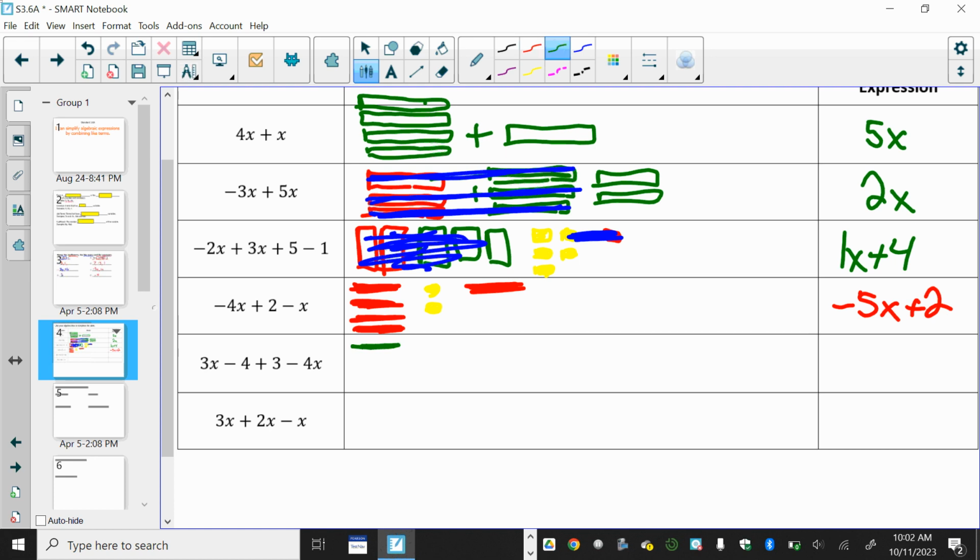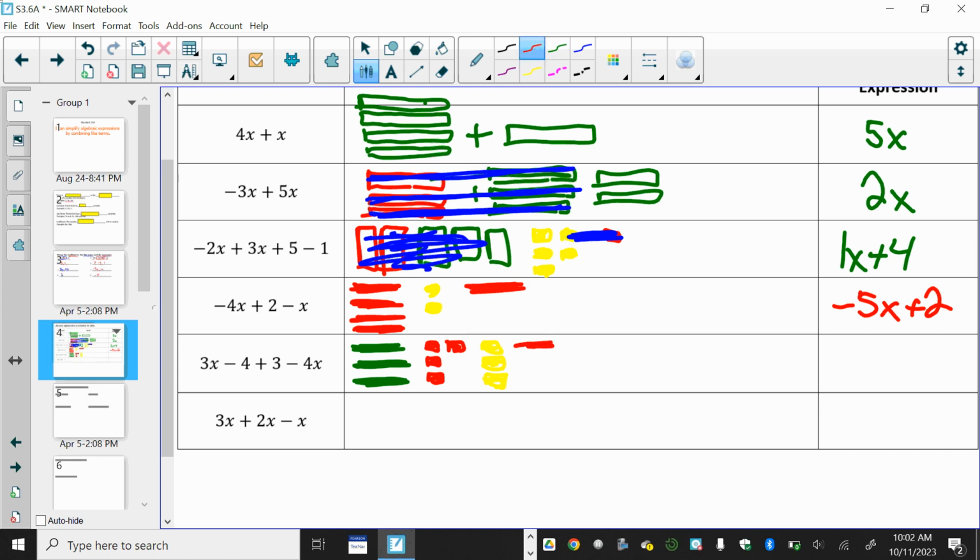Next one, 1, 2, 3, minus 4. I know those are hard to see, but I think that's 3.